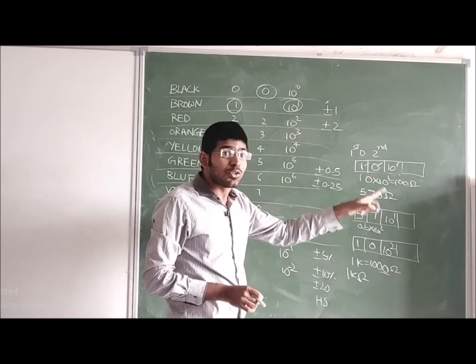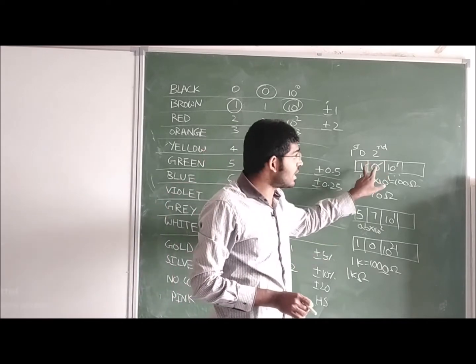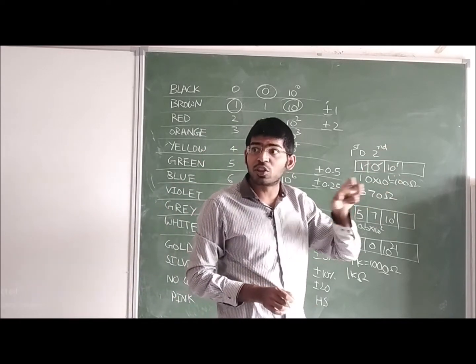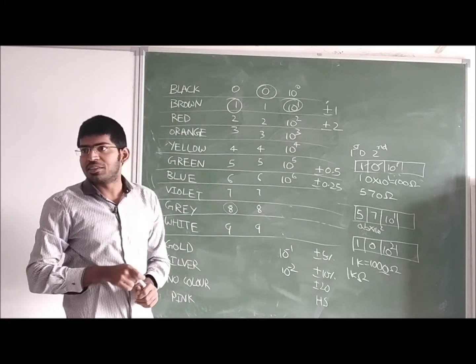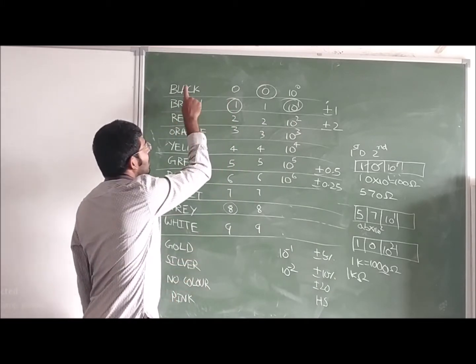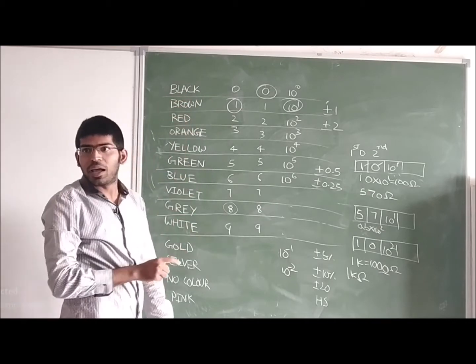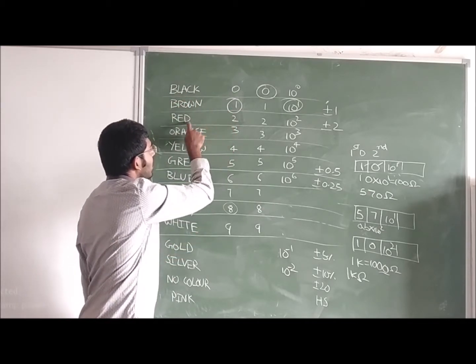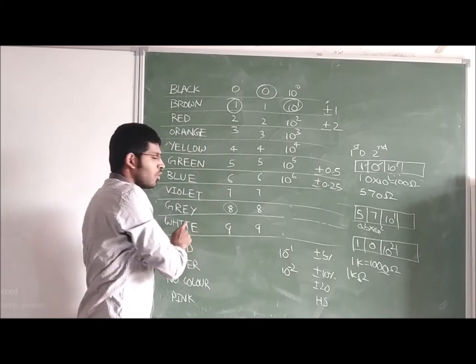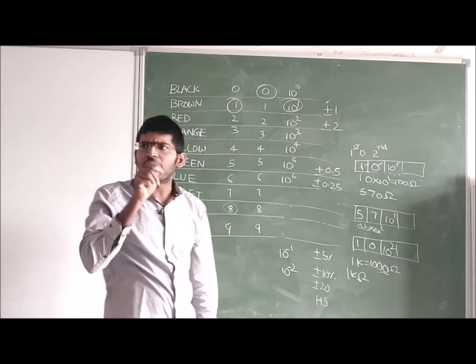Now, because we are writing the numbers in the form of colors, for each number I have taken one color. See here. For 0 I have taken black. For 1 I have taken brown. For 2 red. For 3 orange. For 9 white.